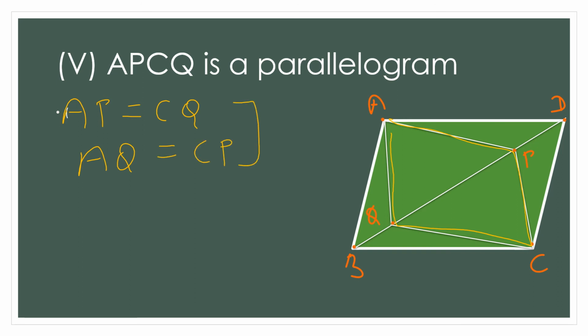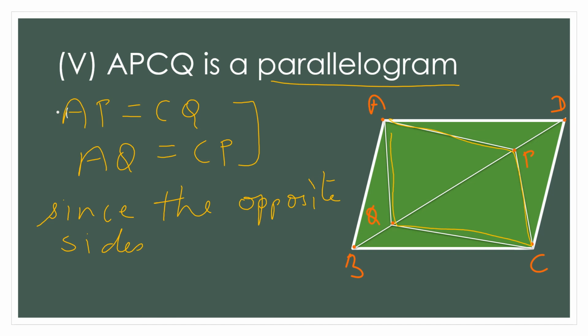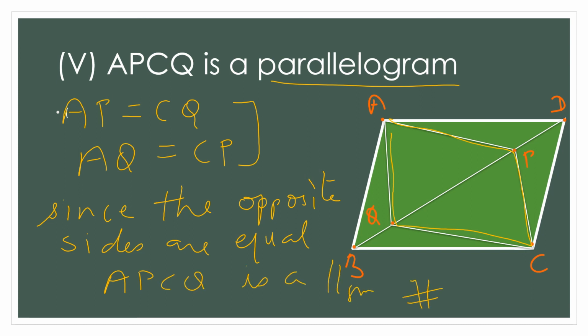So recall the properties of a parallelogram. Since the opposite sides are equal, we can write down APCQ is a parallelogram. So this is it, your question.